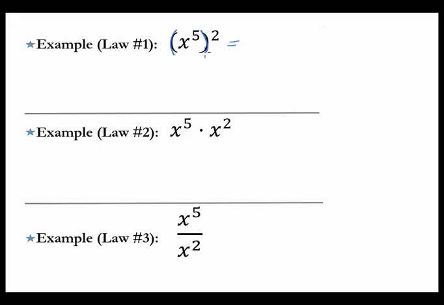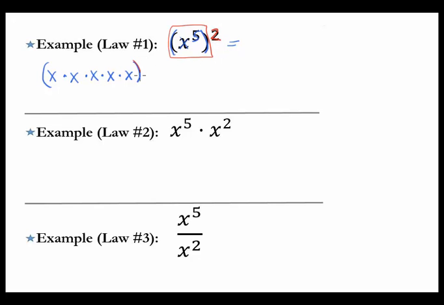So x to the fifth power is just x times x times x times x times x. That's what it means to take something to the fifth power. To square something means you take that thing and multiply it by itself. 5 squared is 25, because 5 times 5 is 25.